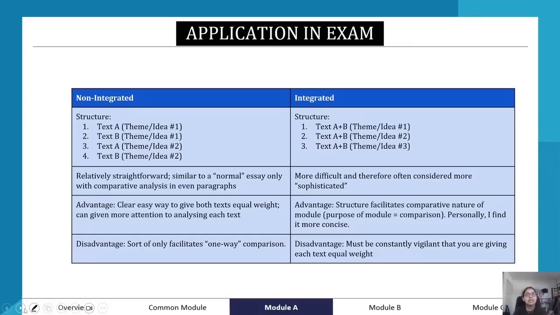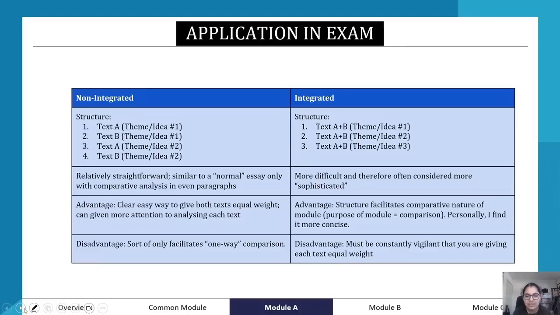However, it really does not help with the comparison aspect of the module. Remember, we want to talk about the comparison, and why we are actually studying these texts.